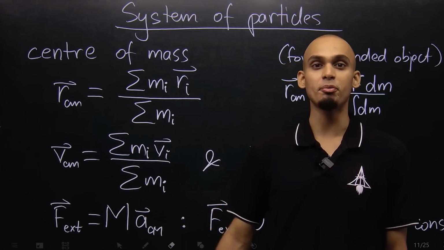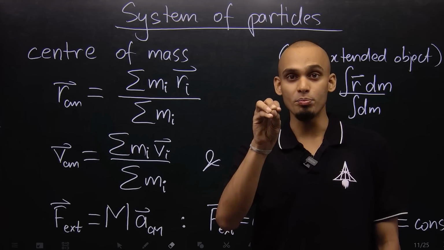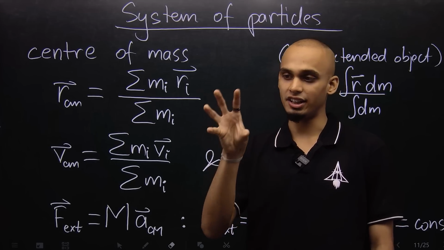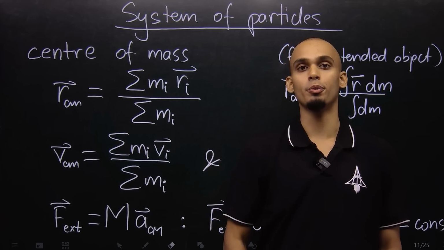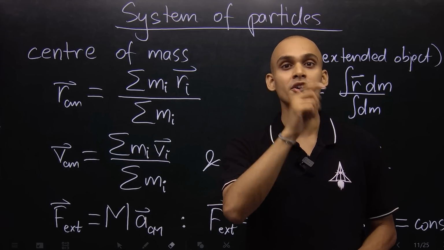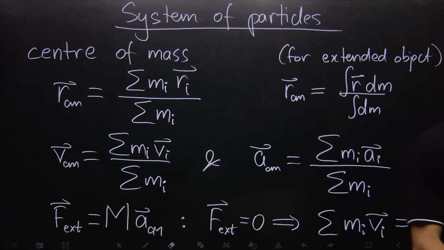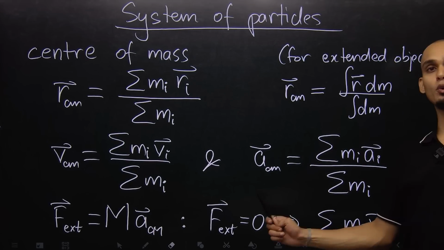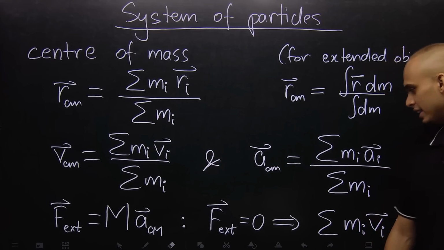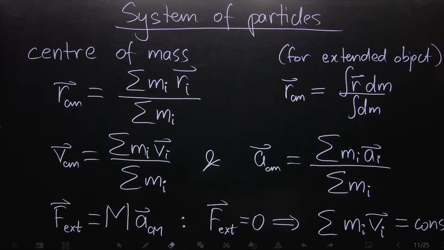This is the entire point. We are assuming that the entire object or any system of particles is concentrated at one particular point, so that this one point follows the laws of motion that we have developed for point particles also. And just applying Newton's first law, if there is no external force acting on the system, then the acceleration of the center of mass will be zero.